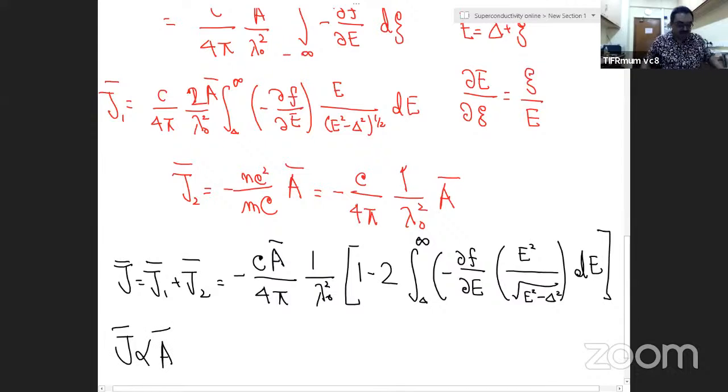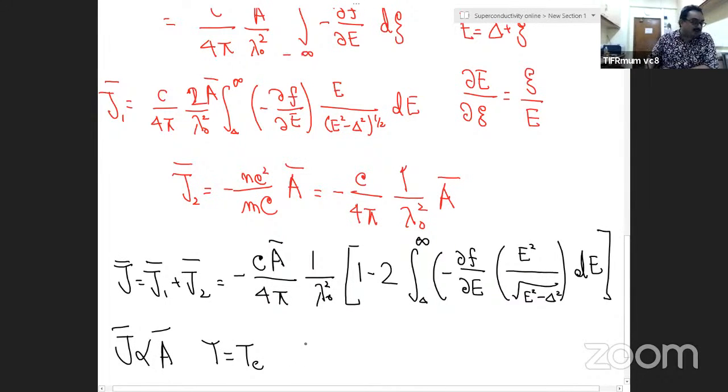But that's not enough, because J proportional to A is very good, but we know that it should not be J proportional to A for all temperatures, then it does not make sense. If J is proportional to A for all temperatures, then I never destroy superconductivity. I know that in superconductivity, there is a transition temperature. So let us see what happens at T equal to Tc.